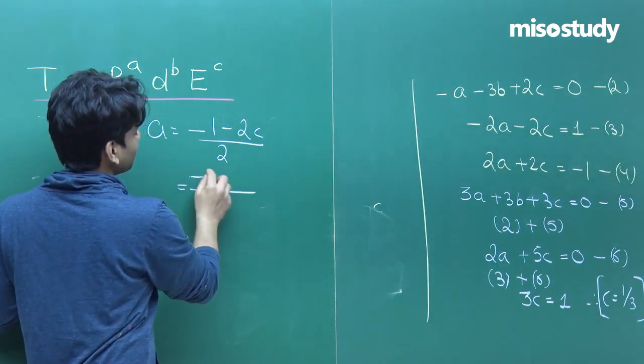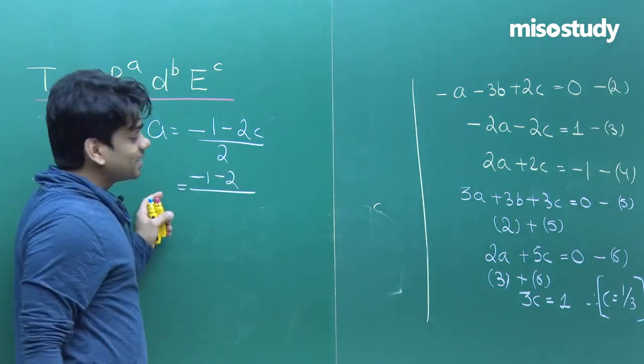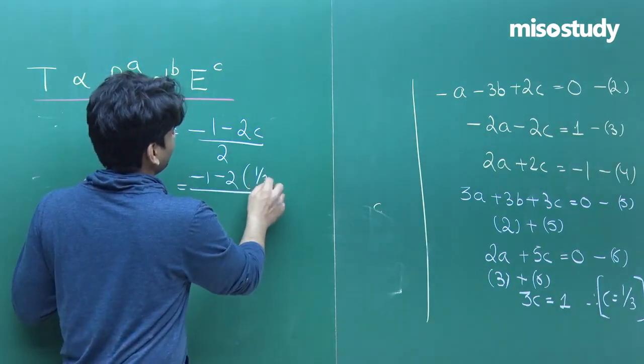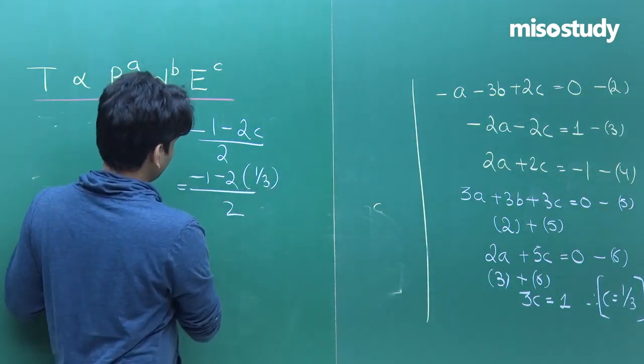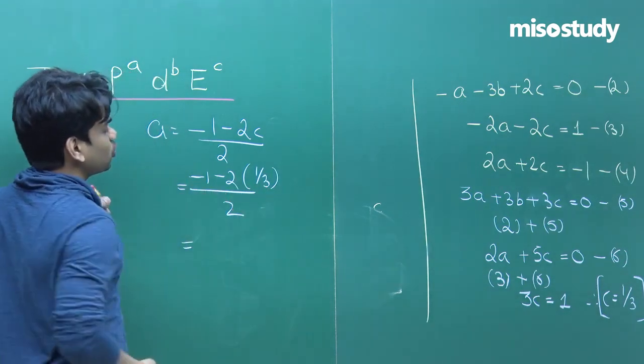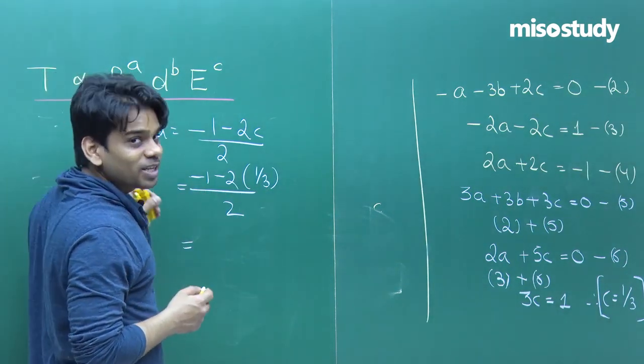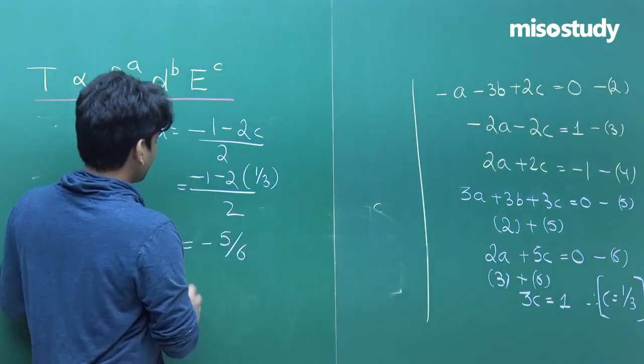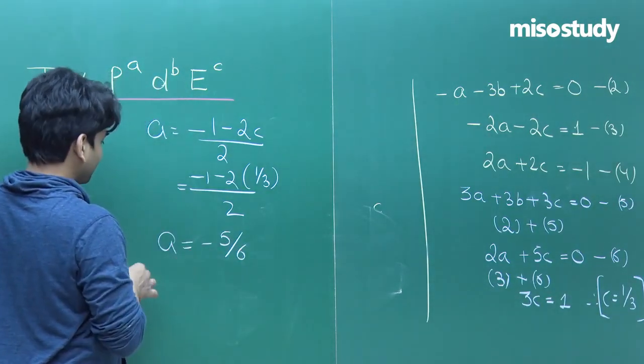So this will be minus 1 minus 2 times the C value, which is 1 by 3, divided by 2. This will turn out to be minus 1 minus 2 by 3, that will be minus 5 by 3 divided by 2. So it will be minus 5 by 6. So A value turns out to be minus 5 by 6.